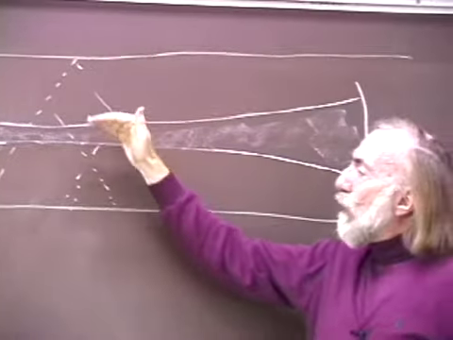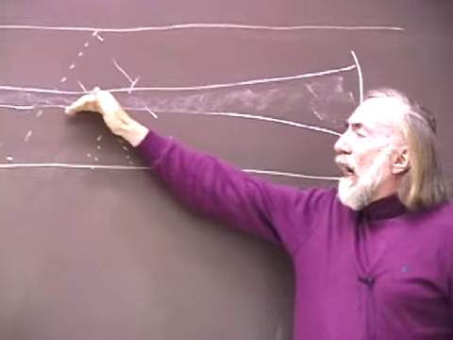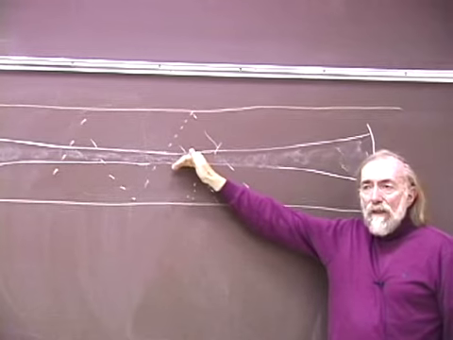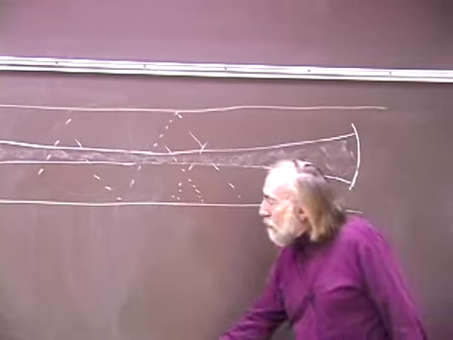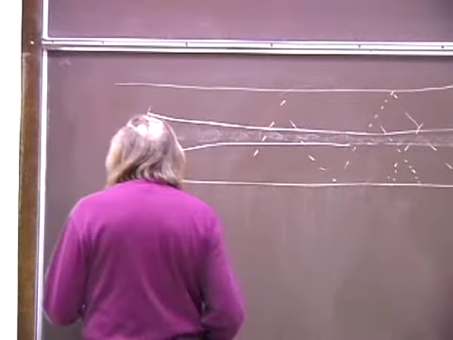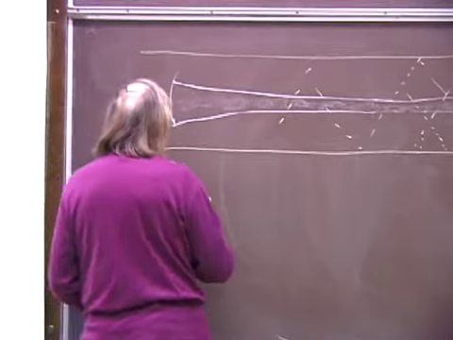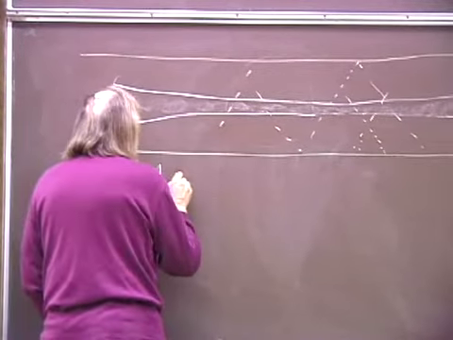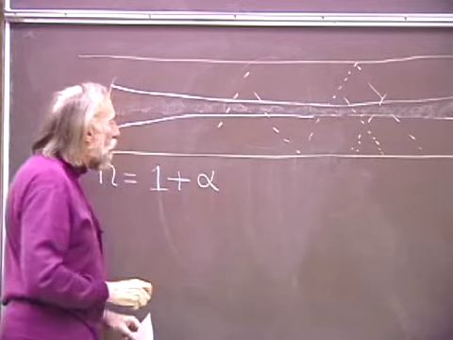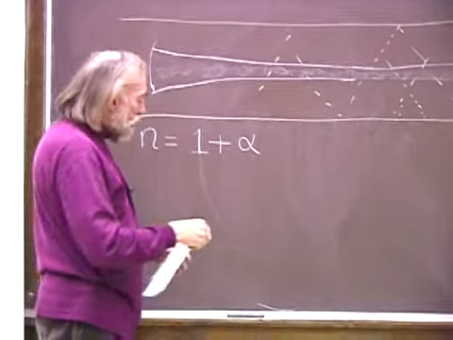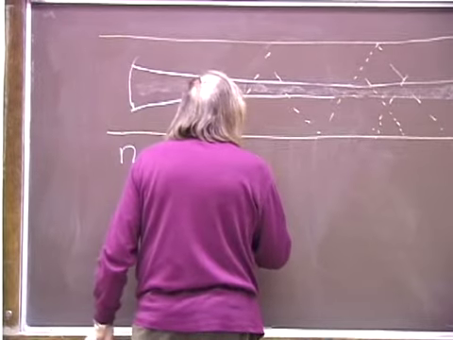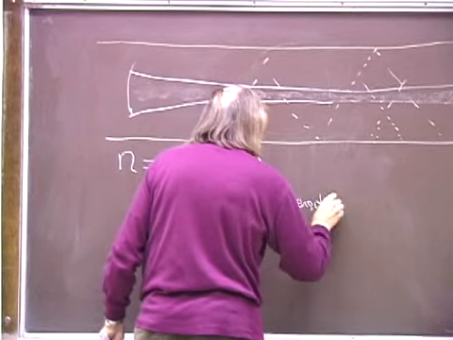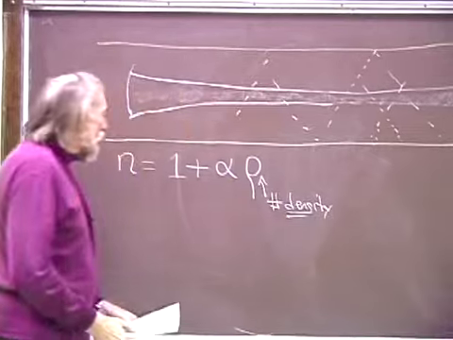The fluctuating number of gas molecules in the beam causes a fluctuation in the dispersion, that is the time delay in the light travel time down the beam tube. One can estimate this in the following way. The index of refraction produced by the gas is 1 plus some constant, which is called the polarizability of a gas molecule, times the number density rho, that's the number density, not the mass density, of molecules.